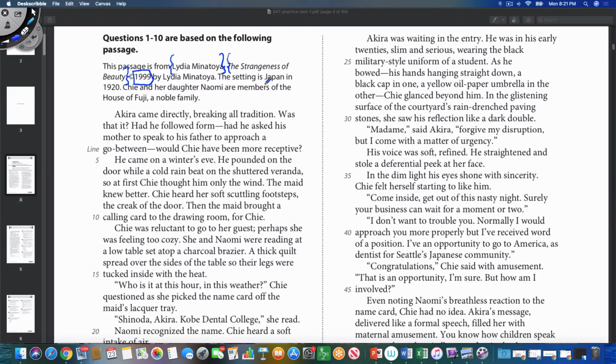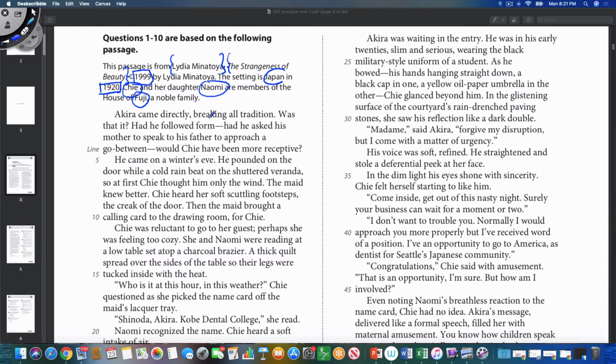The setting is in Japan in 1920, so this is a historical novel where the actual story is happening in 1920, written in 1999. The setting is Japan, so that's the name of a country. I would mark that. And looks like we already found 2 characters, Chi and her daughter Naomi, members of the house of Fuji. So quite a few important things.